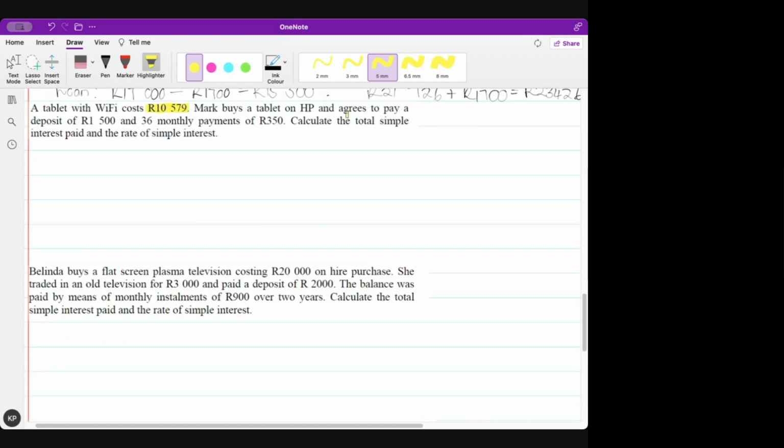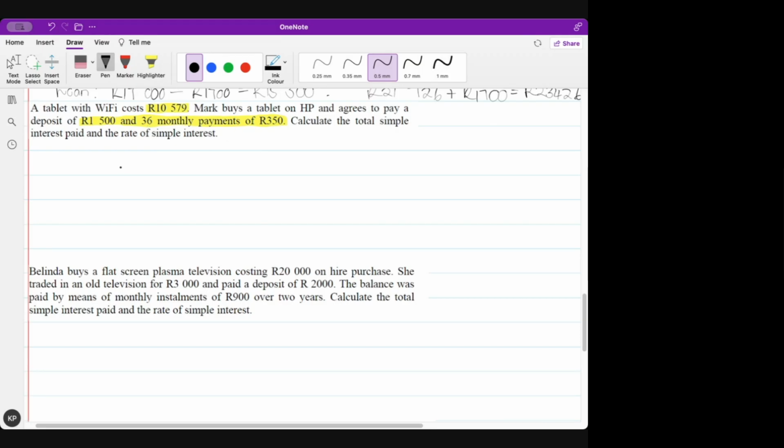Mark buys a tablet on hire purchase and agrees to pay a deposit of 1,500 with 36 monthly payments of 350. We're not that old, guys. Calculate the simple interest paid, in rands, and the rate of simple interest. Okay, let's see. So the deposit is 1,500 and he repaid 36 months of 350 Rand.